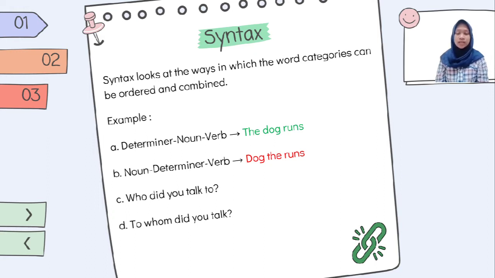So, we call this grammatical. However, we could not put this in the order noun, determiner, verb, dog the runs, because this is not a sentence that can be produced by the rules of English. So, this is called ungrammatical.